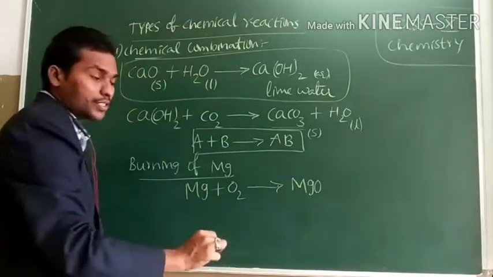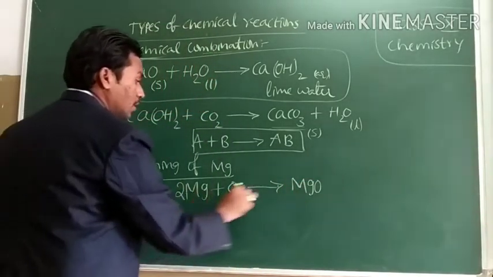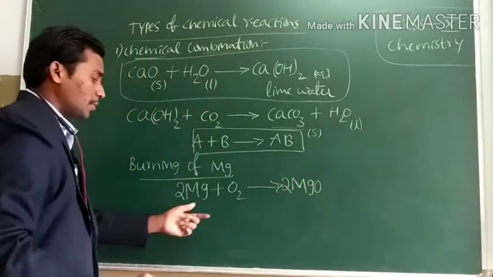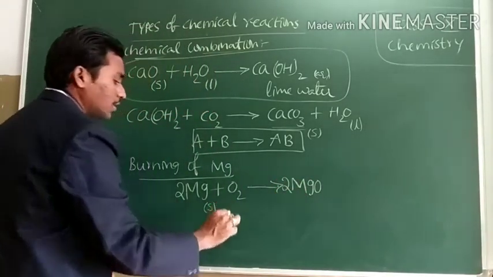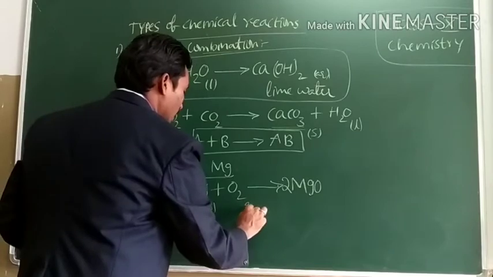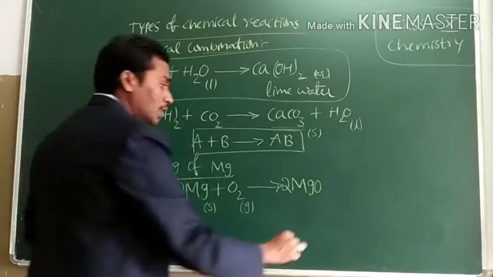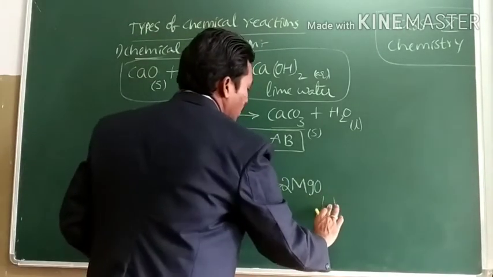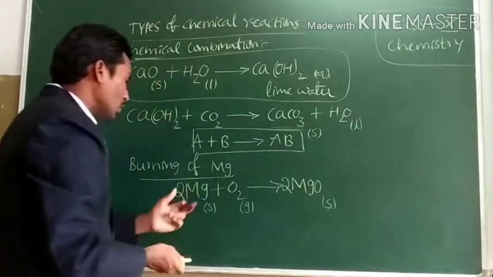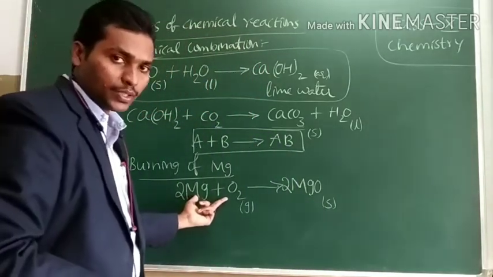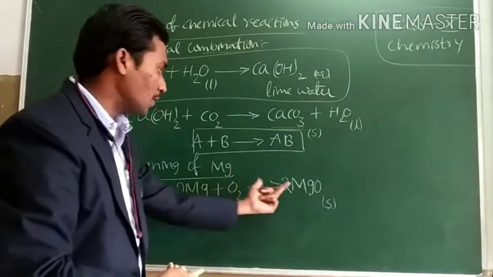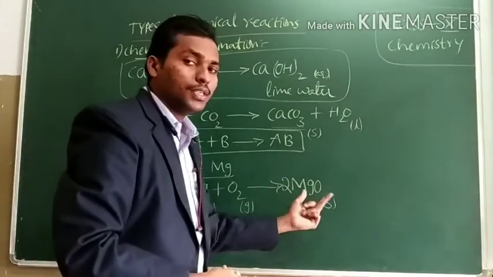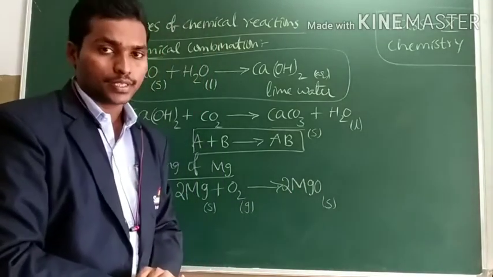The balanced equation we write here is 2Mg + O2 gives 2MgO. Here magnesium in solid state reacts with gaseous oxygen to form magnesium oxide, which is a solid. Here two reactants combine together to form a single substance, which is known as a chemical combination reaction.